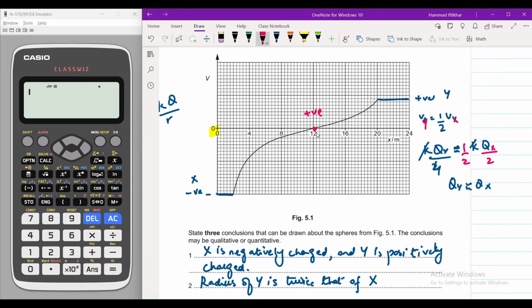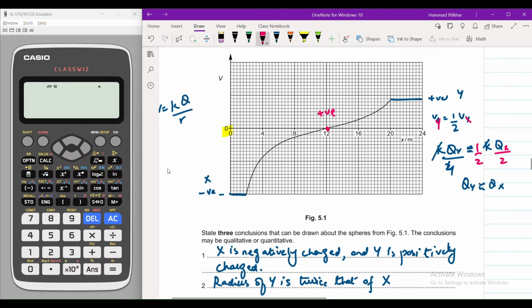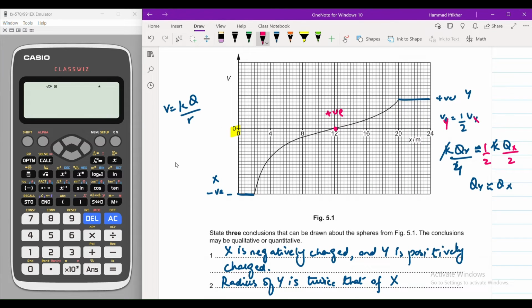And what else? As the distance decreases, the gradient dV over dr, the negative gradient of this potential graph, indicates the strength of the electric field.